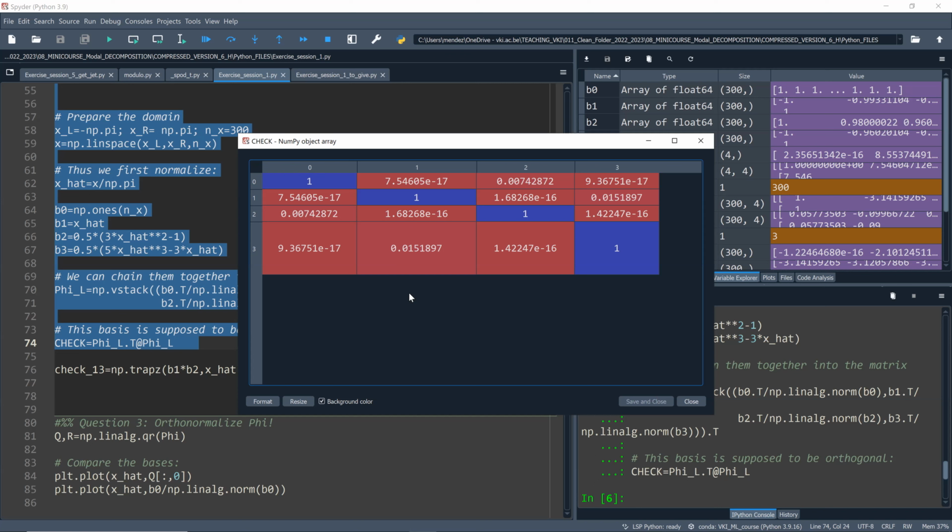Are you shocked? So this is a warning to tell you that these inner products are not exactly the same. To make a fair comparison, you should multiply this by delta x, so that this is a summation of all the entries.